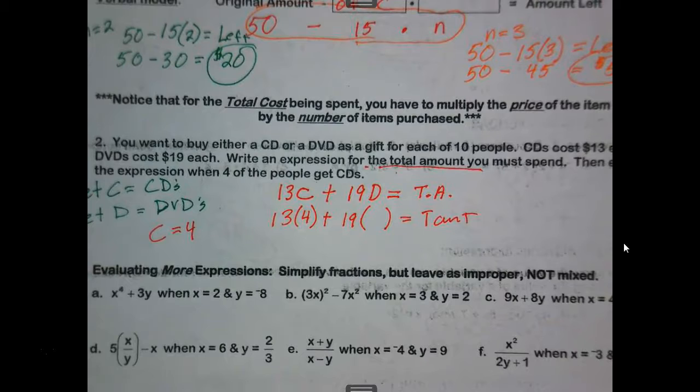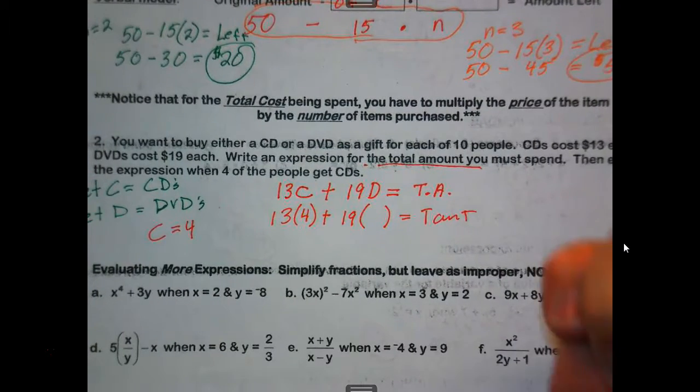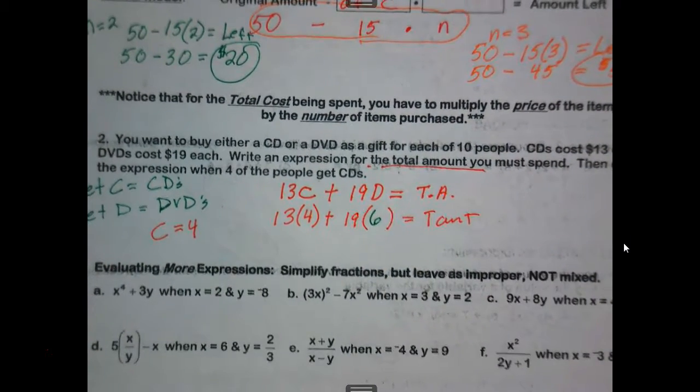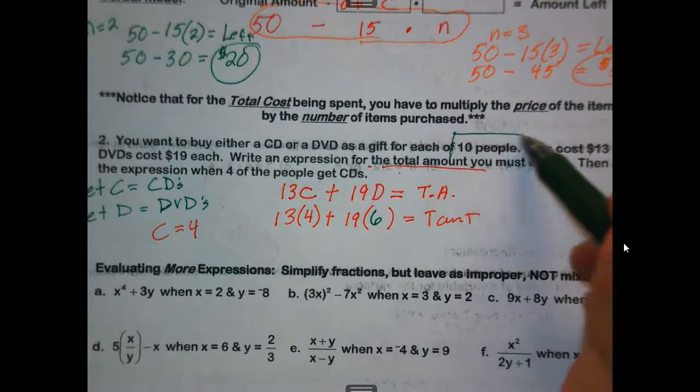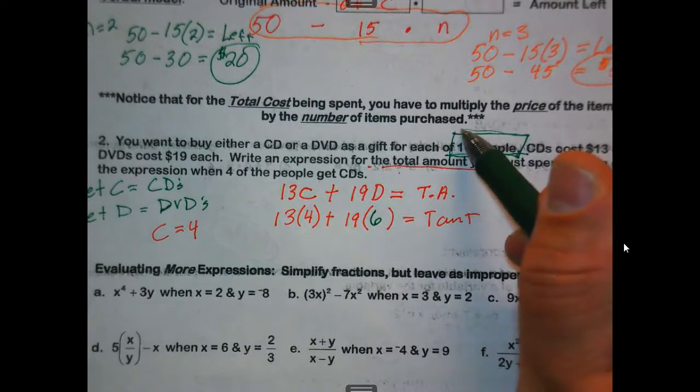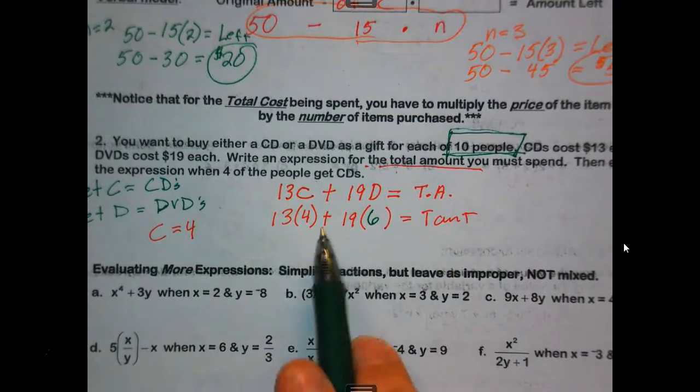Do we know the number of people getting DVDs? Maybe. You can figure it out before you do anything. Brooklyn: 6 people are getting DVDs. How'd you get that, Brooklyn? Yep, we're buying them for 10 people. We used up 4, so that's 6 left.